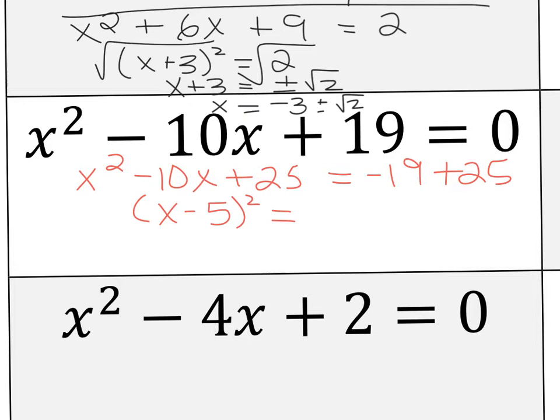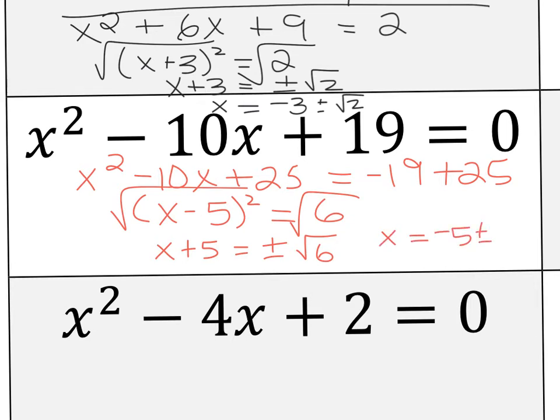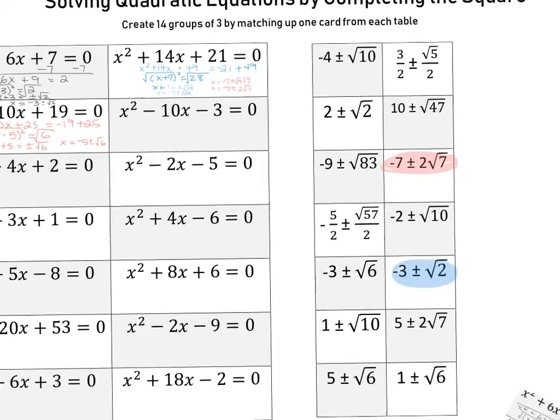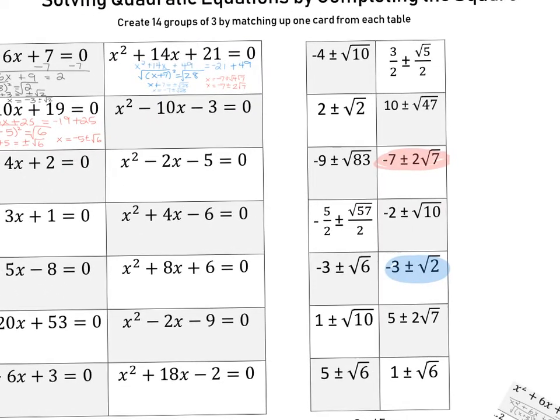And negative 19 plus 25 is 6. Square root, x plus 5 equals plus or minus the square root of 6. And then when I move the 5 to the other side so that I get it to say x equals, it becomes negative because I'm subtracting it. So negative 5 plus or minus the square root of 6.